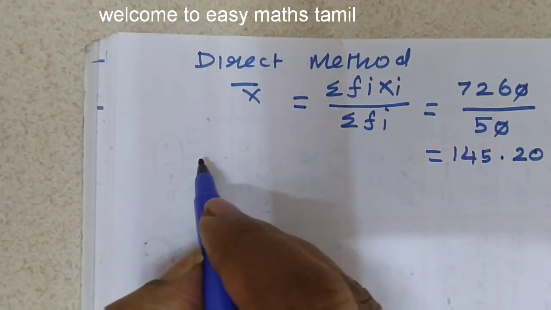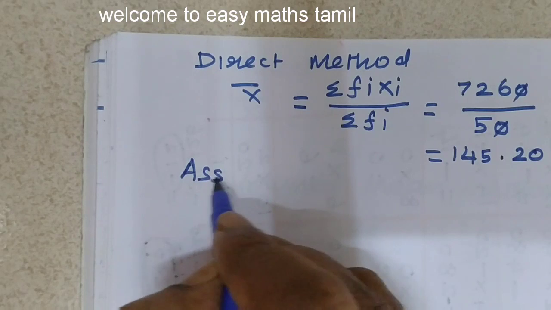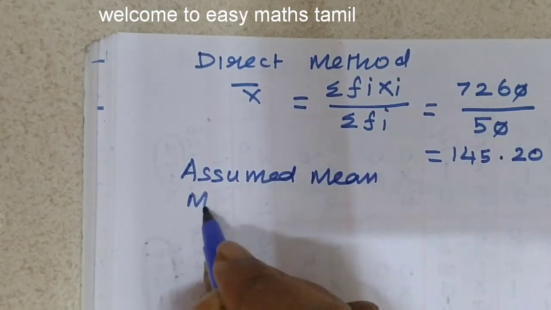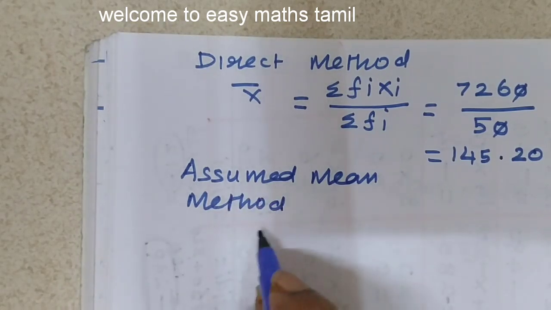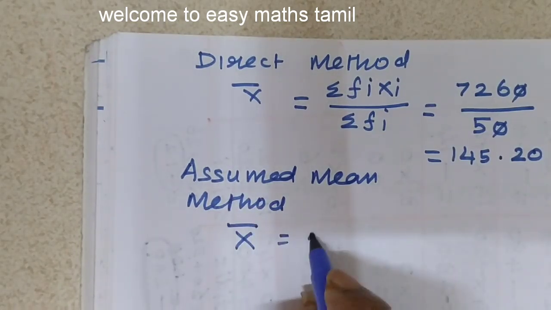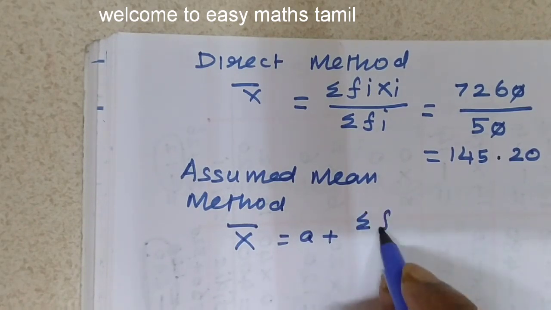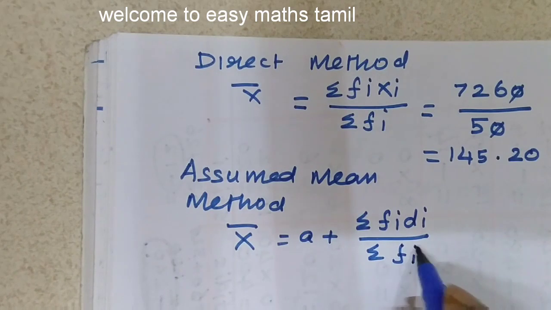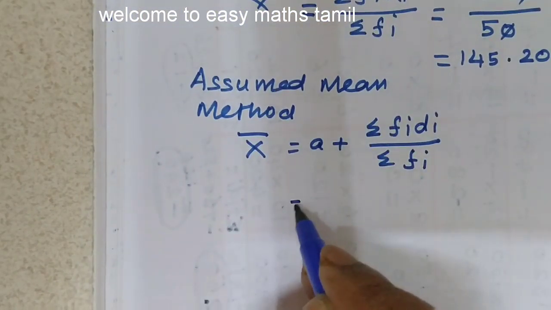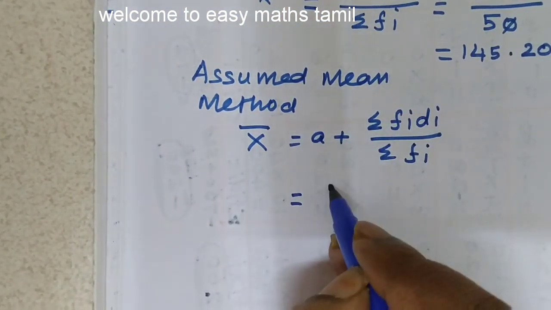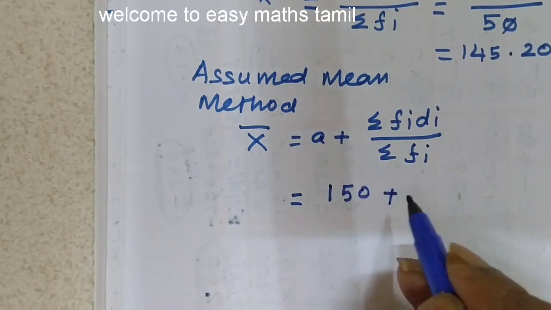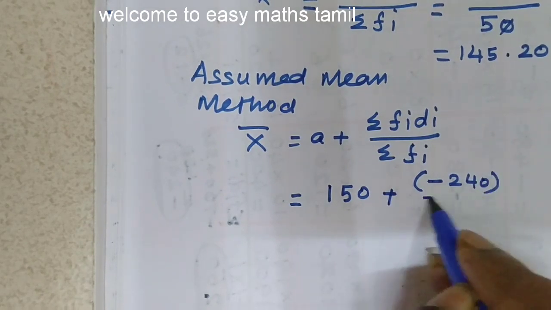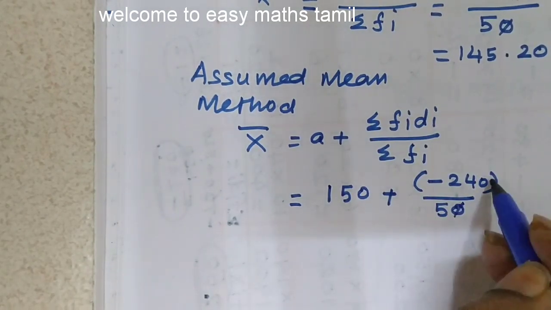Assumed mean method: the formula to calculate the mean is equal to A plus sigma fi di divided by sigma fi. Assumed mean A is 150 plus sigma fi di is minus 240 divided by sigma fi is 50.